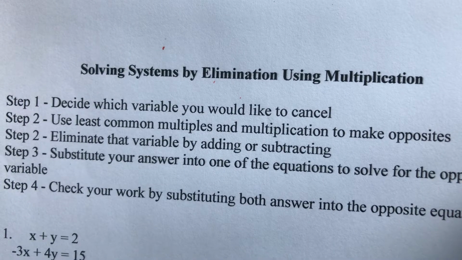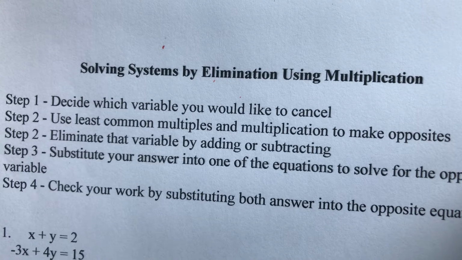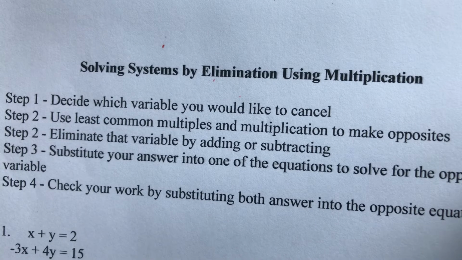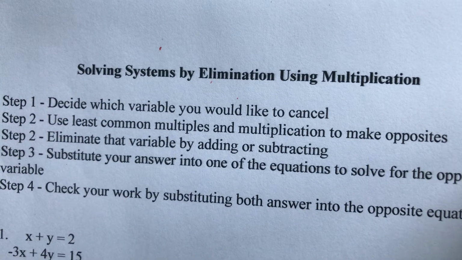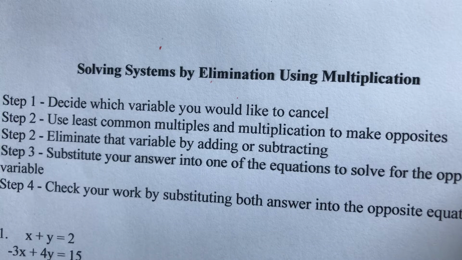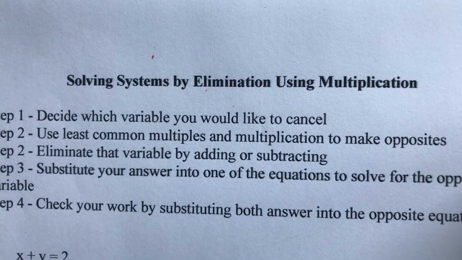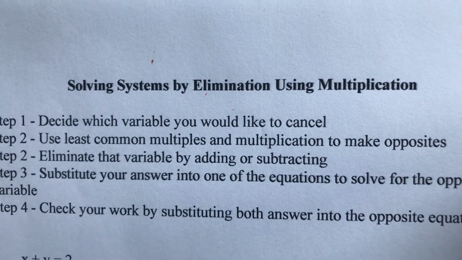But we still can make it the same, manipulate the equation, or maybe both equations, so that we can get the same coefficient of one variable to eliminate them. Okay, well, sounds a little complex here.